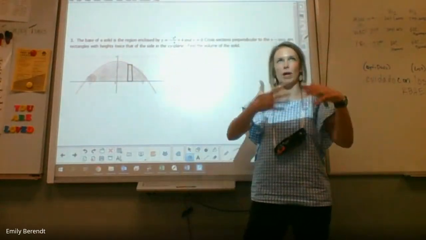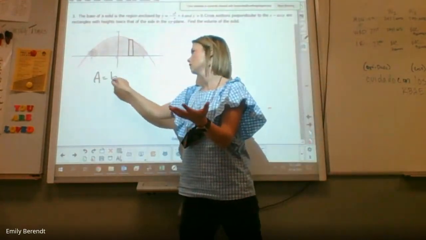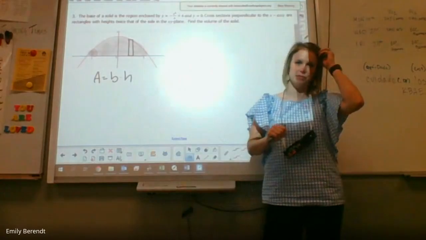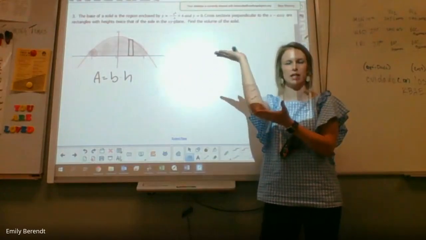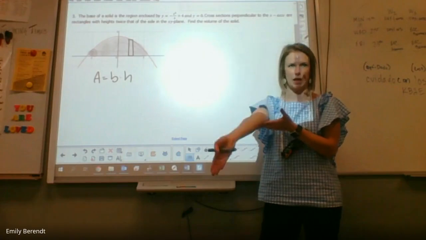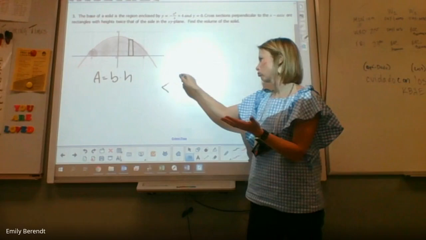If you think of rectangles as base times height, the base is the rectangle that's running from the top of the quadratic to the bottom. And then the heights coming up at us are twice that. That looks like a triangle. I don't want a triangle.